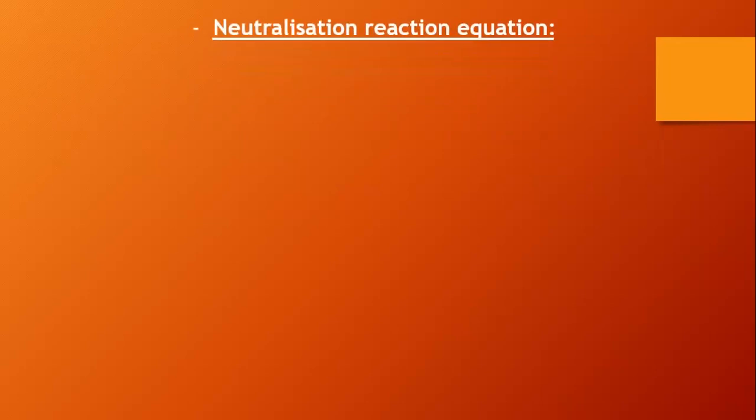So the neutralization reaction equation, if I want to translate all of this explanation by a simple equation, since we are in chemistry, everything will be translated into a simple chemical equation. Before the arrow, we write the things that are reacting with each other.